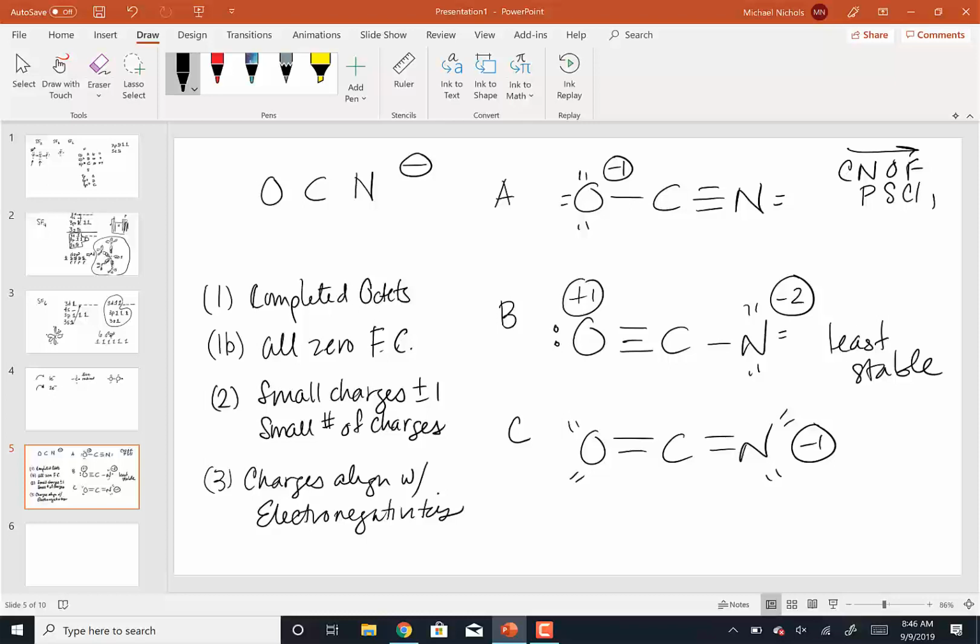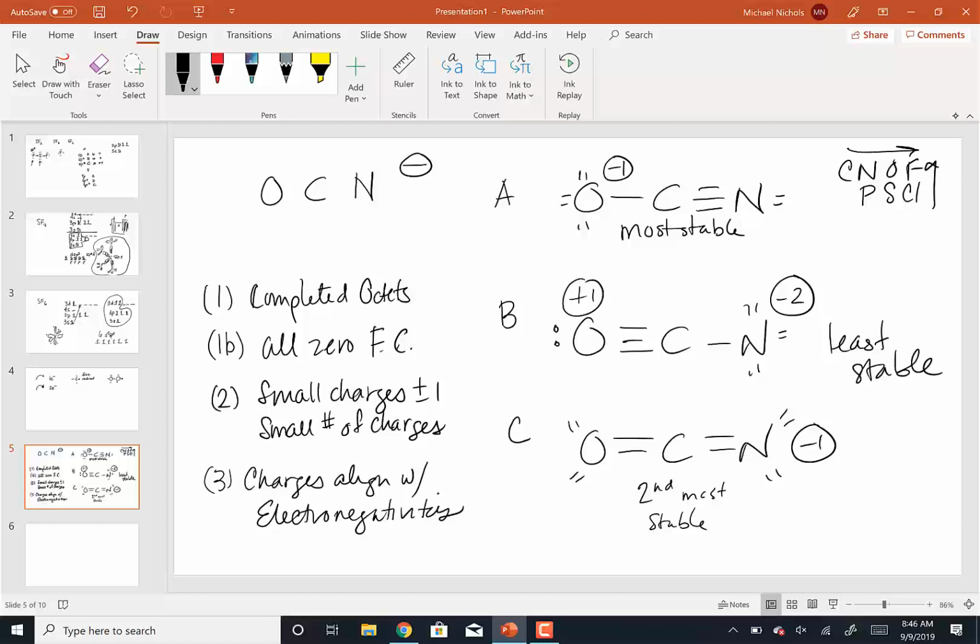The electronegativities always work towards fluorine. So oxygen's more electronegative than nitrogen. And so therefore, A is most stable, B is least stable, and C is the second most or least, whichever one you want to say.